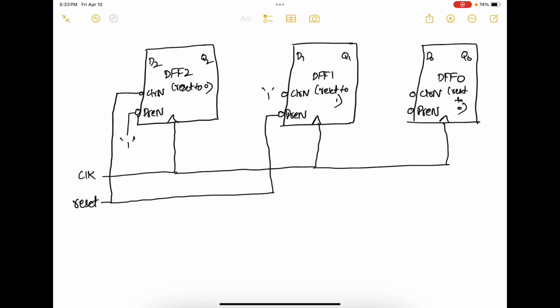Now flip-flop 0 is reset to 0. So I'm going to take my reset signal and give it to clear N. Similarly, pre-N will be set to 1. This ensures that Q2 is always 0, Q1 is always 1, and Q0 is always 0 when you hit the reset button.